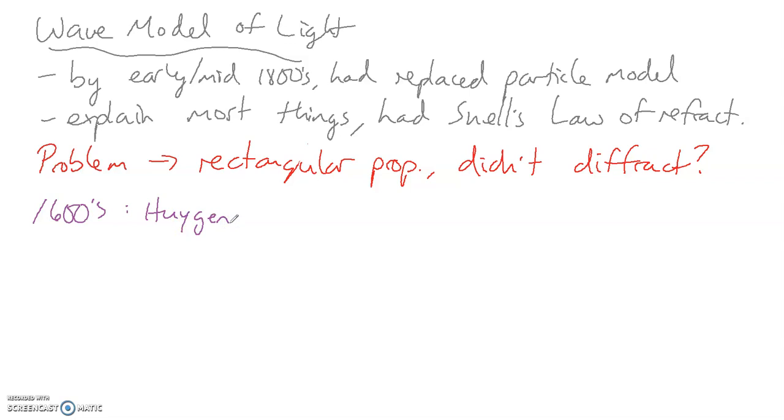Some people say it one way, some people another; you'll hear different pronunciations. A couple hundred years earlier, he worked on how waves worked, and he had a really neat idea of how waves move and do different things.